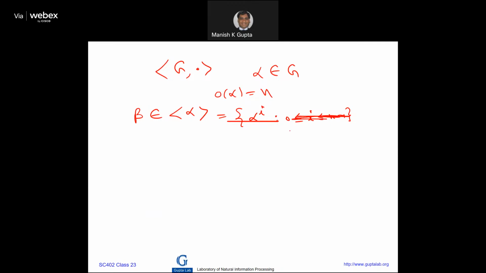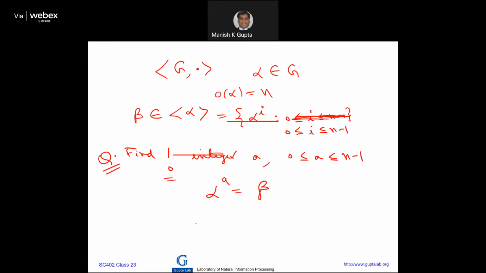All elements of the group can be generated by alpha. Okay. So the question is, find a unique integer A between 0 and n minus 1, such that alpha raised to A is equal to beta, and then A is known as the discrete log of beta, right?